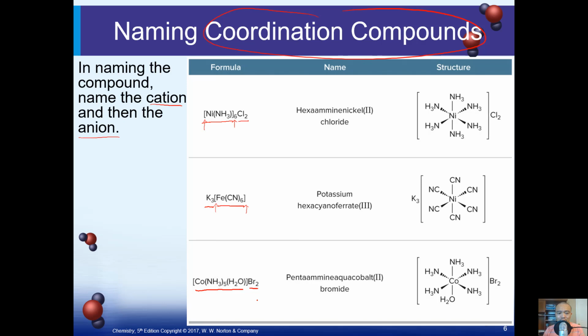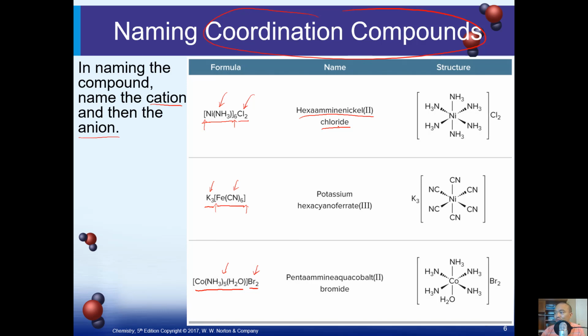You have the cation name first, then you have the anion, as if you are naming something like sodium chloride. Sodium means it's sodium ion. Chloride means it's chloride ion. We drop the ion portion and put together the ionic compound name.